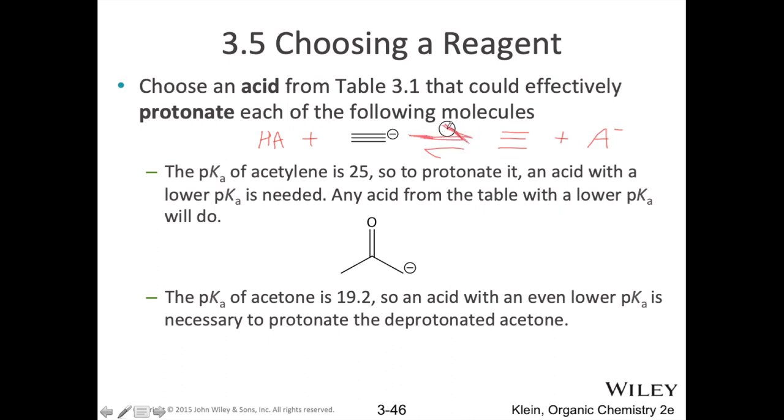You want this to take over. So in other words, you need this HA to be a stronger acid than your protonated ethyne. This has a pKa of 25, so you need a pKa of less than 25, a stronger acid, for this forward reaction to take over. That's the key thing to keep in mind there.